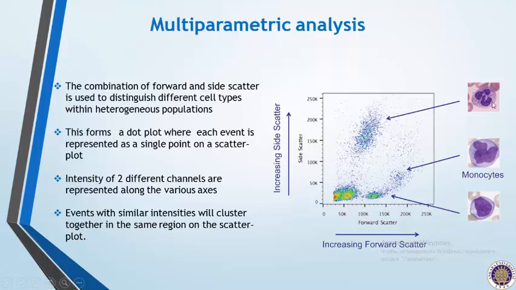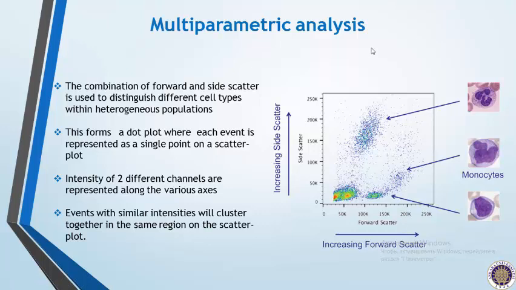At the same time, this type of cell represented at the top has a higher granularity than the monocytes, but it is smaller in size. And for this reason, the clusters they form are located to the left of monocytes, but higher than monocytes, because they have higher granularity but smaller cell size.